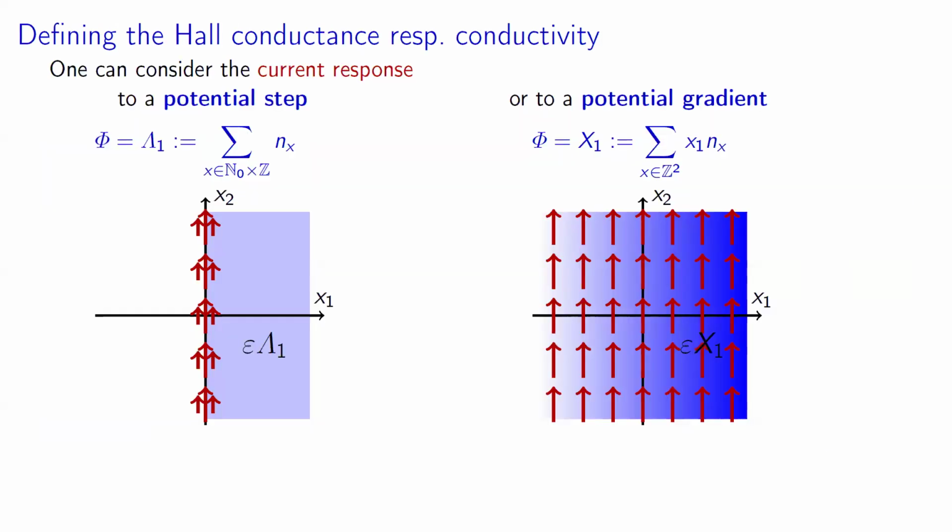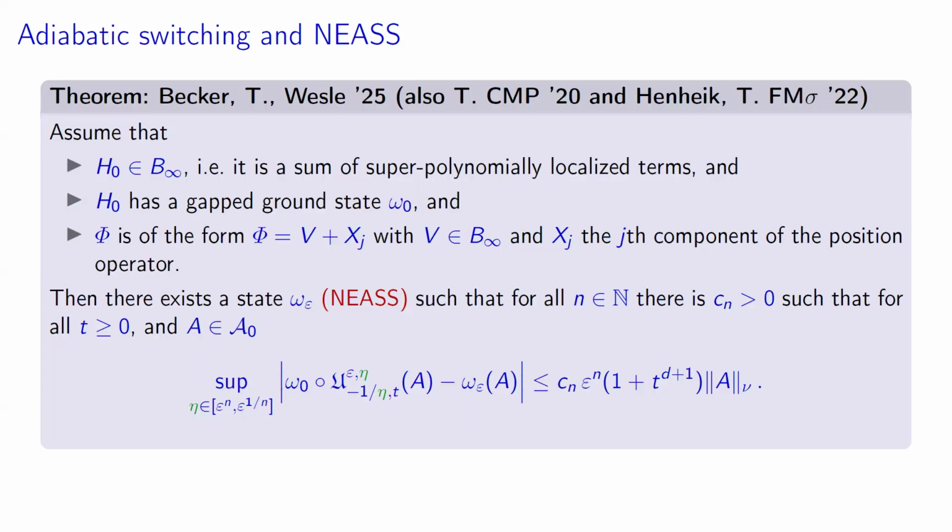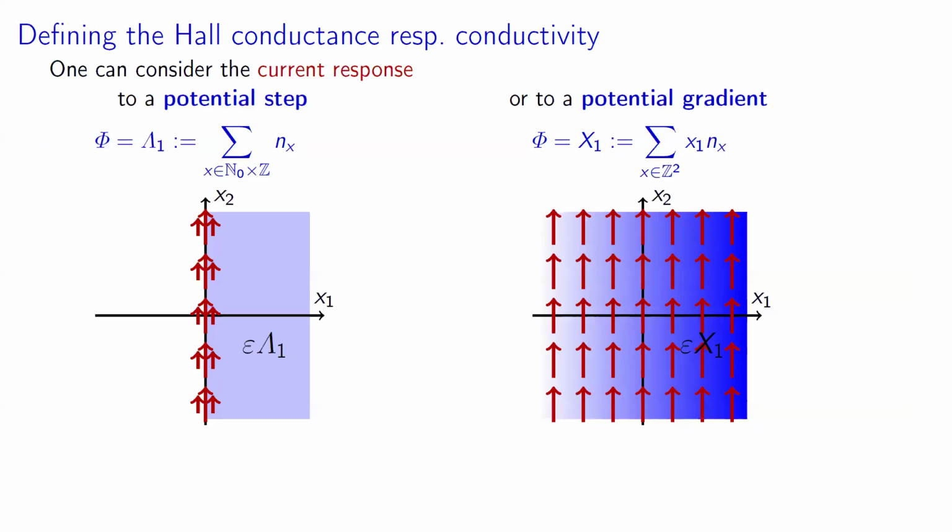Okay, and now the question is, this is the existence of this near state, which we would like to understand, and now maybe let me be brief about it. So also in the literature, and I will also show you different results, people consider different kinds of external perturbations to understand Hall conductance.